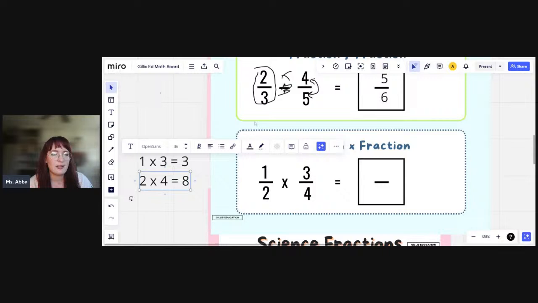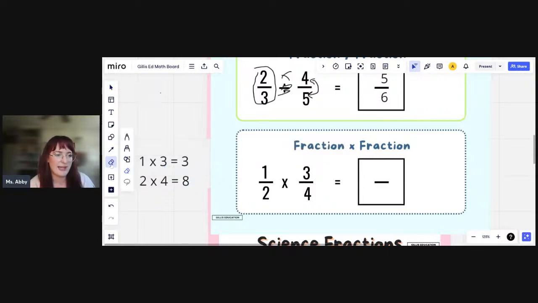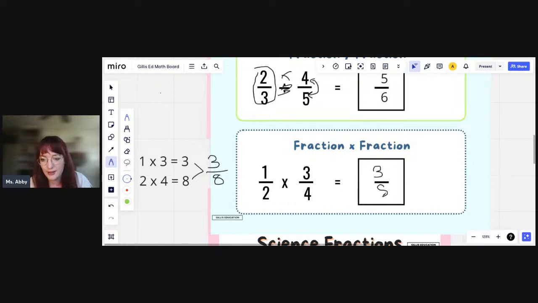And this fraction becomes 3/8. And we know we cannot simplify that anymore because there is no number except for one that will go into 3 or 8. So our new answer becomes 3/8 for this one.